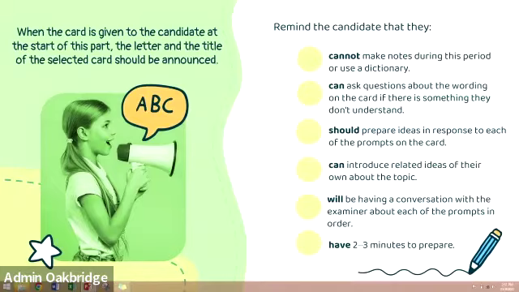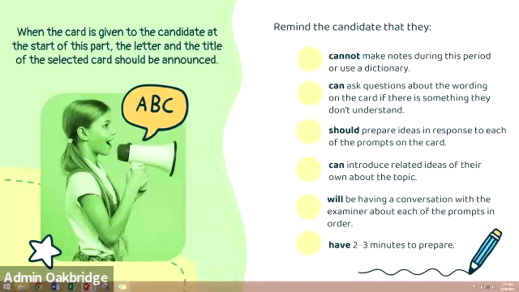Number 5, you will be having a conversation with the examiner about each of the prompts in the order given in the topic card. They will not skip the order of the prompts. They will go one by one as stated in the topic card.